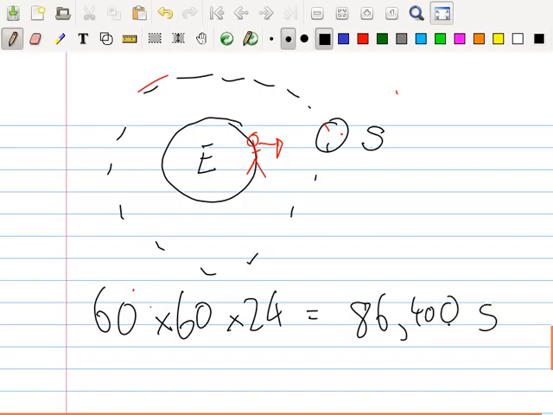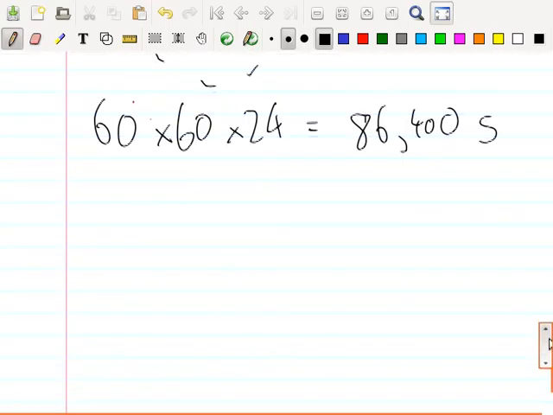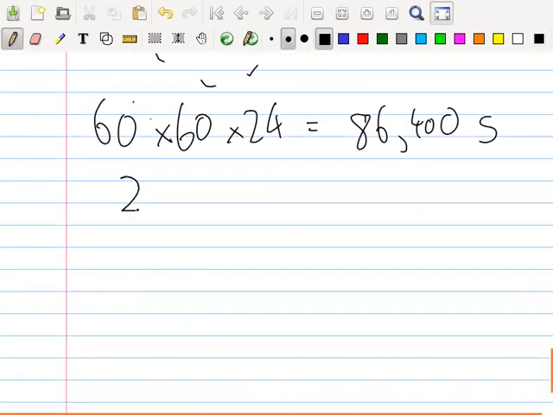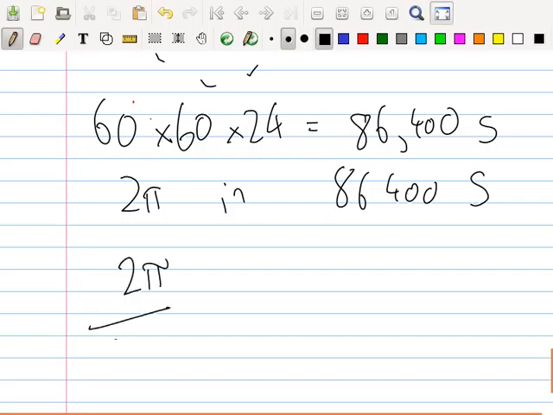And how many turns does it do in this time? 1 day, once. So what angle? 2 pi in 86,400 seconds. Okay? So 2 pi divided by this.